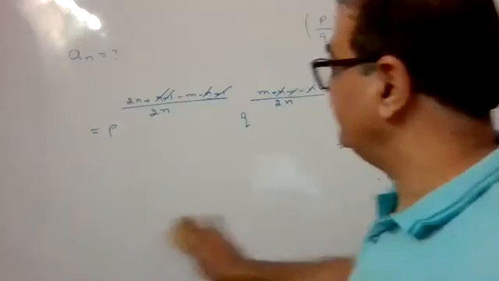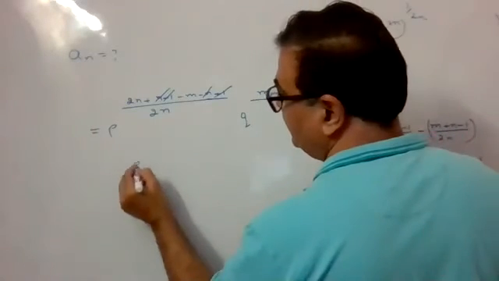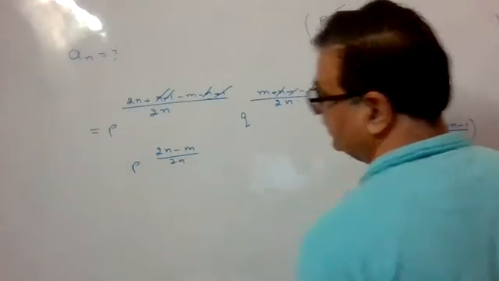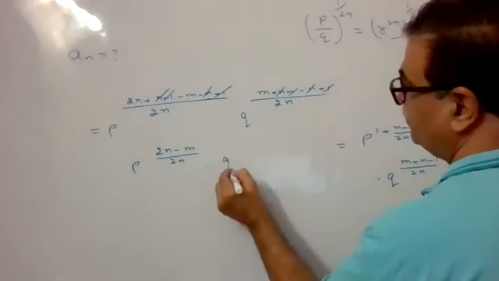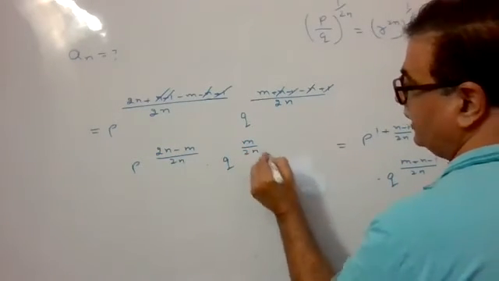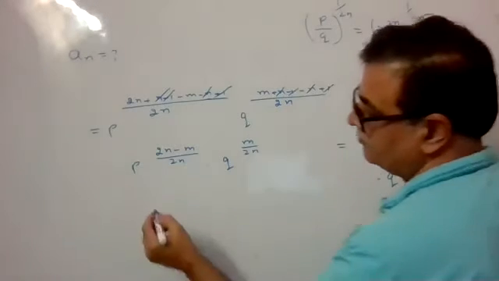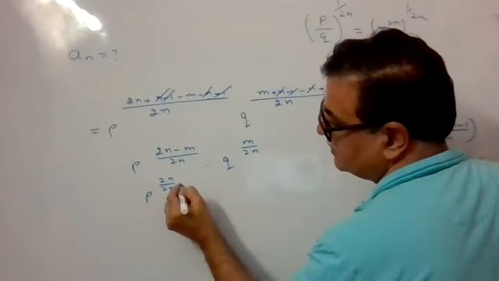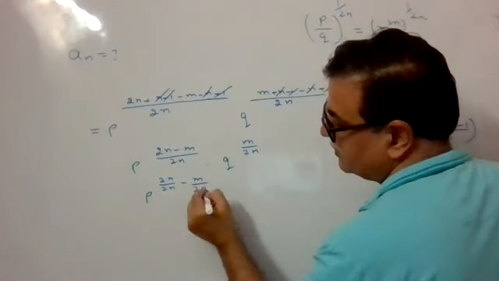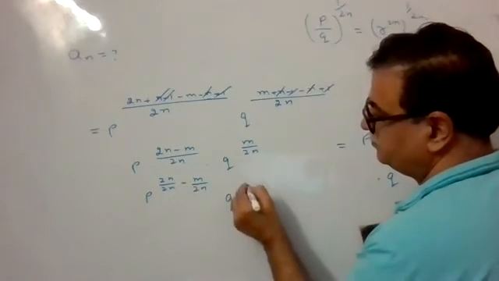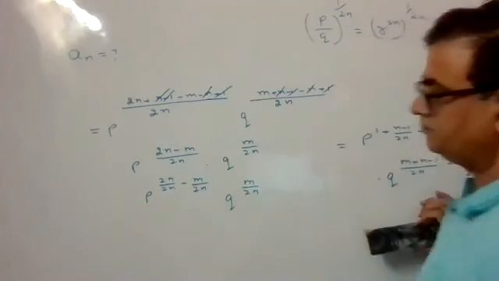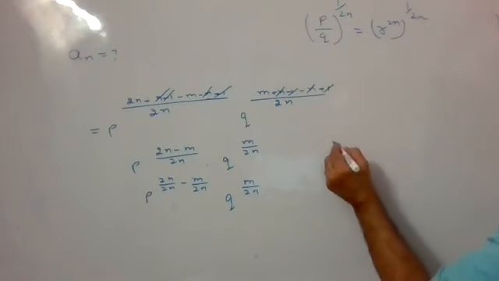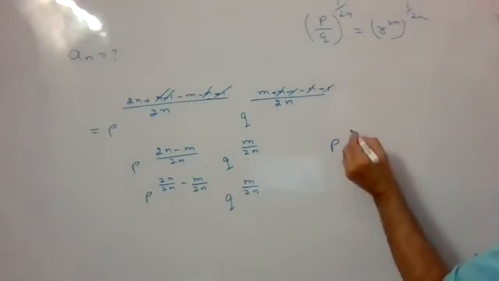So what do I get in this case? P power (2N minus M) by 2N, and then Q power M by 2N. We can write this as P power 1 minus M by 2N.